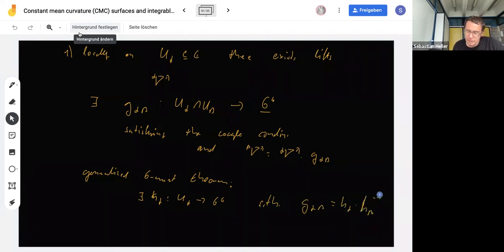So because we have a simply connected domain C, and because we have a cocycle with values in some complicated group, of course, but still we get that the cocycle is trivial. So it's given by H alpha times H beta inverse for specific maps.